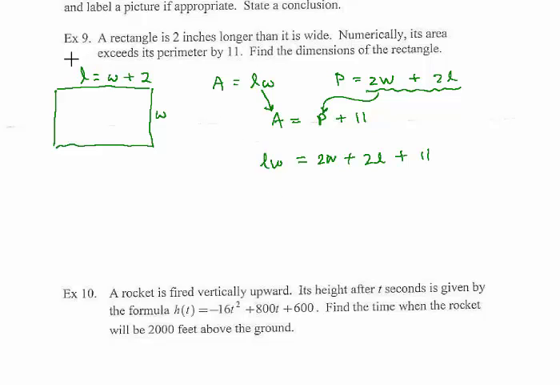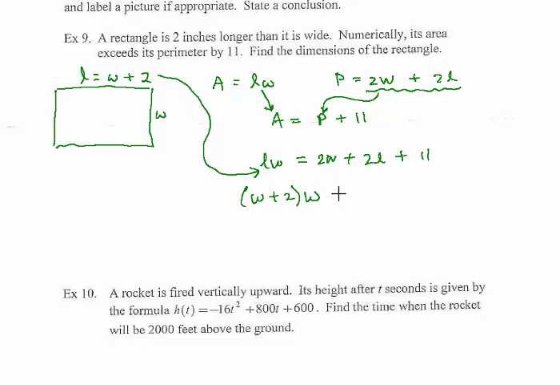And now we'll take the fact that L equals W plus 2, and we'll get rid of the L variable in this equation. With the way it is now, two variables, we can't solve it for one or the other numerically. So we need to cancel one of the variables out, and we'll do that with our expression W plus 2. So L becomes W plus 2.